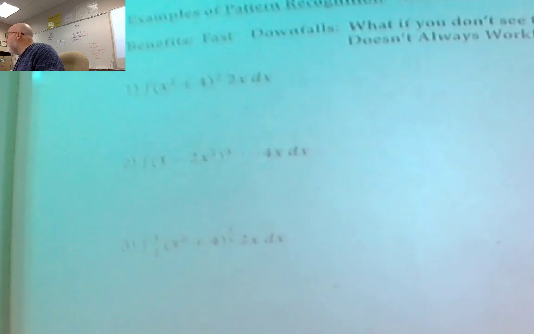Does everybody understand that? The problem with pattern recognition is sometimes we don't recognize what the answer is. So we have to have a method to be able to do that. I'm going to show you both. How do you decide which to use? Whichever gives you the right answer.